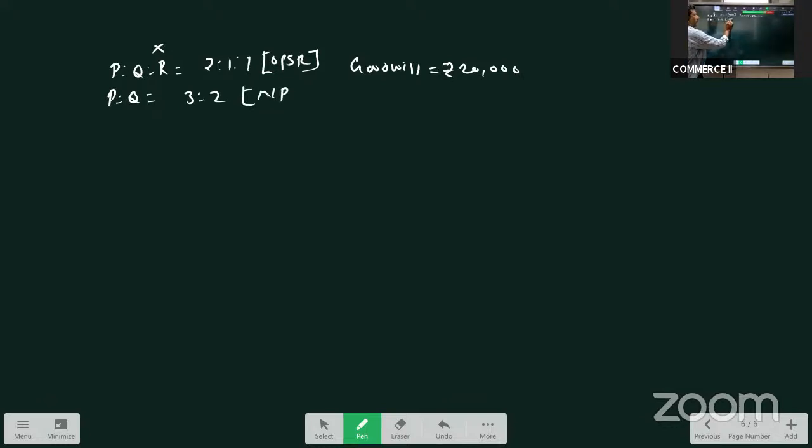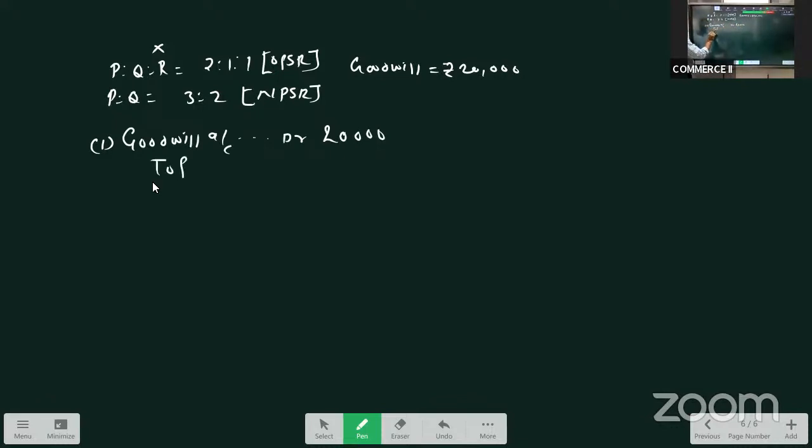So old profit sharing ratio is given, goodwill is raised and written off. See what is the accounting treatment. For raising the goodwill, we'll write goodwill account debit 20,000 to P, to Q, to R, 20,000 in the ratio 2:1:1. Old profit sharing ratio, that is 2/4.